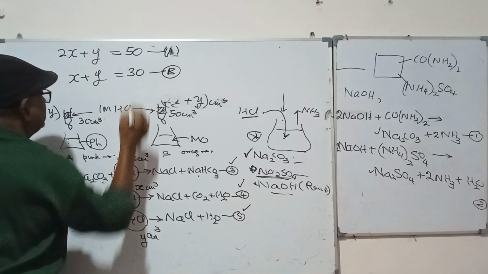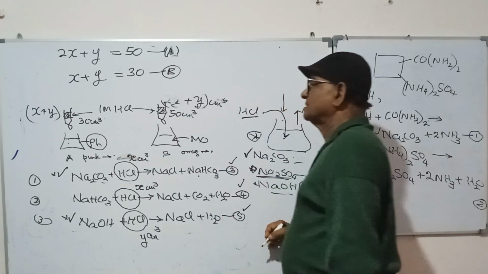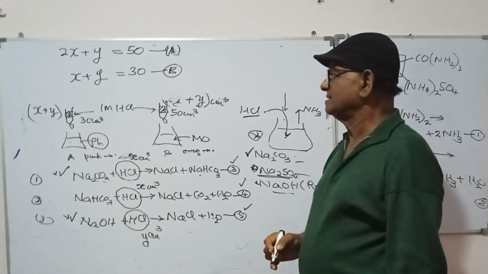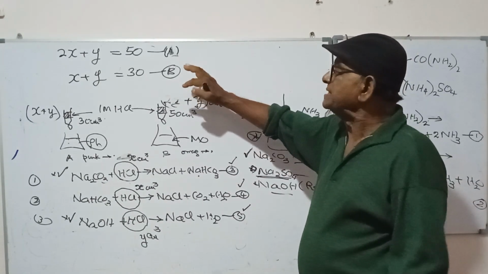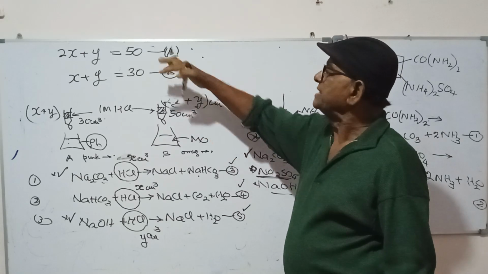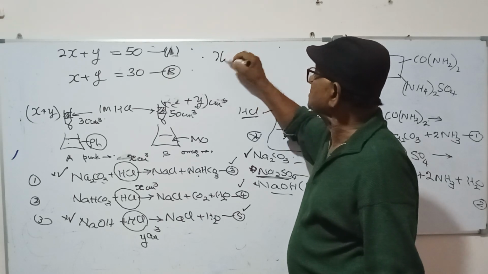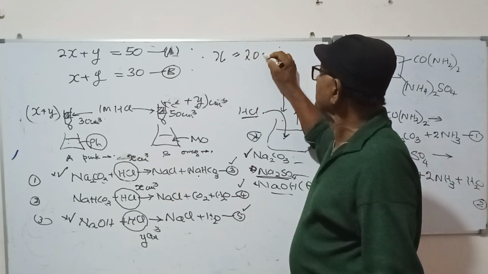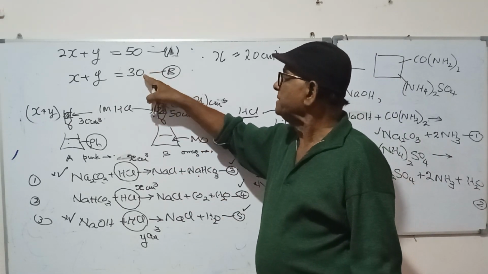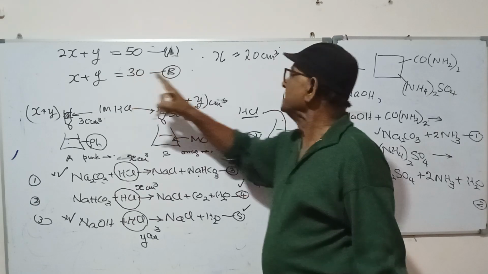This is equation B. I think you understood how we obtain these two equations. Right? Using these two equations we can find the value of x. x equals 20 cubic centimeter. Subtract B from A, cancelling y, becomes 50 minus 30, which is 20.